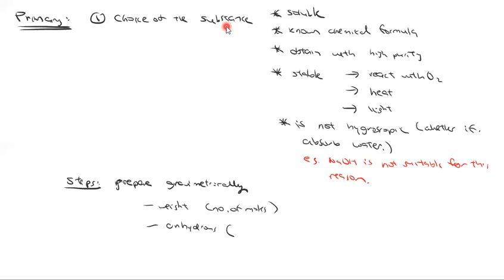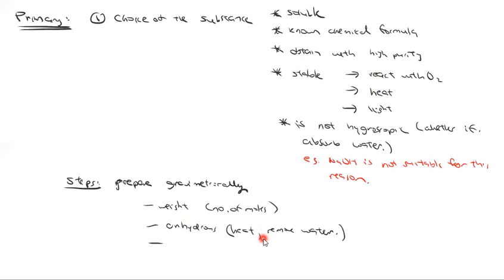So basically you need to heat it and remove the water. That's another reason why you want it to be stable under heat, because you don't want it to decompose while you're heating it up. You don't want to remove the water but, in the process, change the chemical formula by decomposing it. So you make it anhydrous.